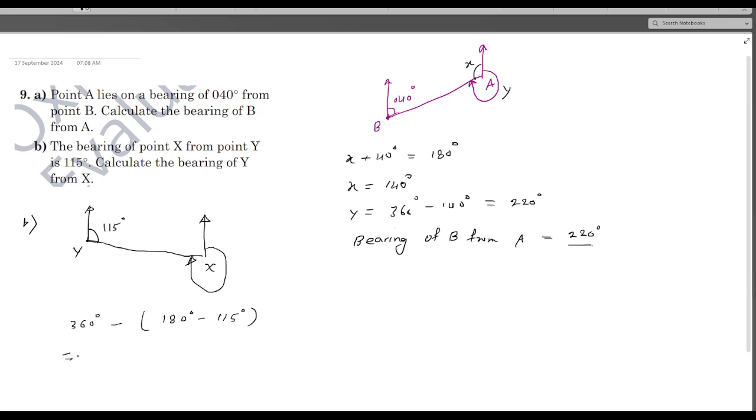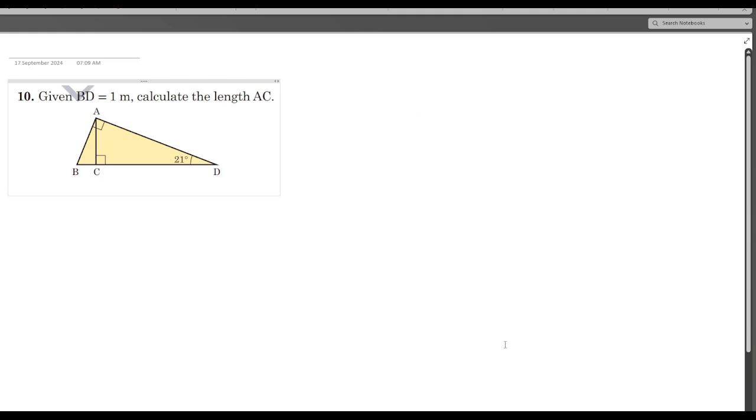If you open the bracket, it is 360 minus 180, which is 180, and 180 plus 115 is 295. So 295 degrees is the bearing of Y from X.